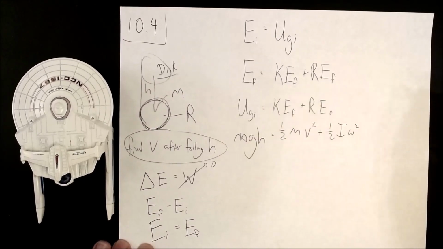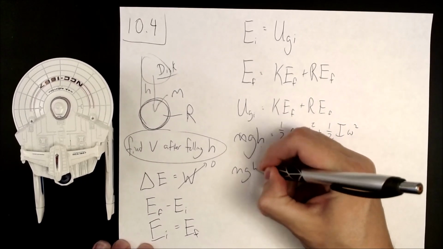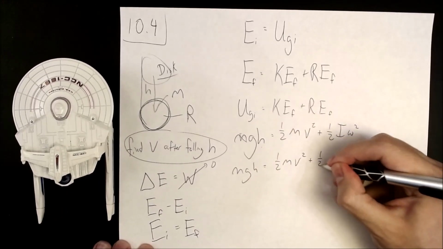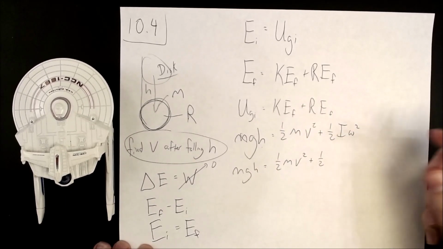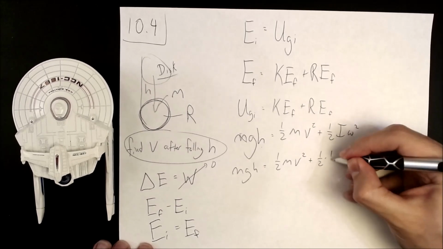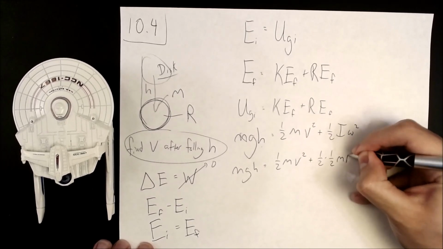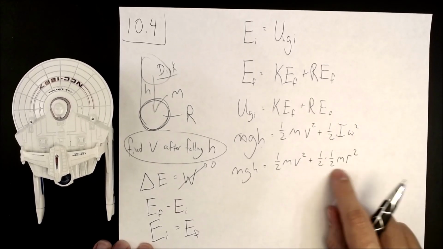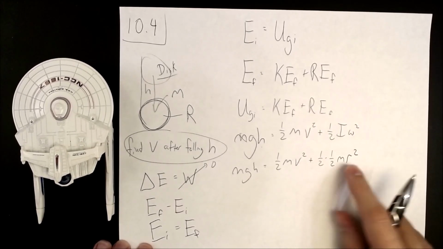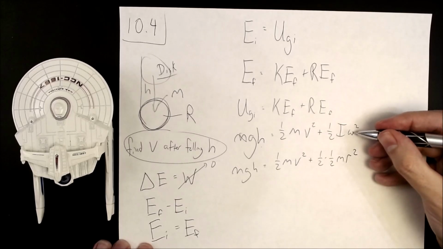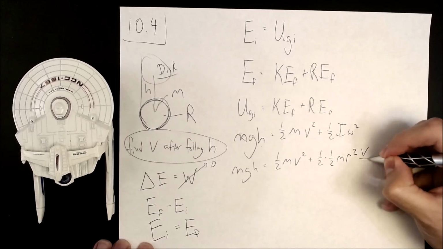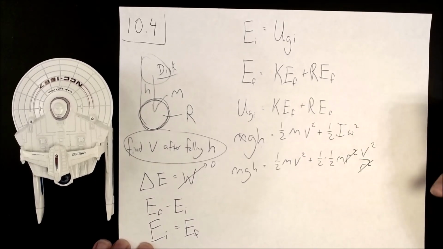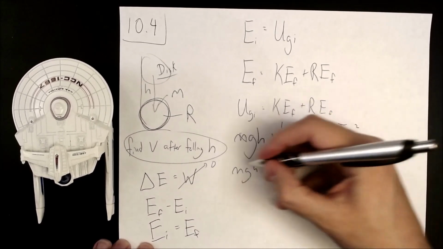I can't cancel the m's quite yet. mgh is equal to 1/2 mv squared plus 1/2 times, I'm going to say this is a disk again because disks are easy, 1/2 mr squared, because the moment of inertia of a disk is 1/2 mr squared, times omega. Omega is v over r, but it's squared. So cancel out those r's, and now we can cancel out the m's.